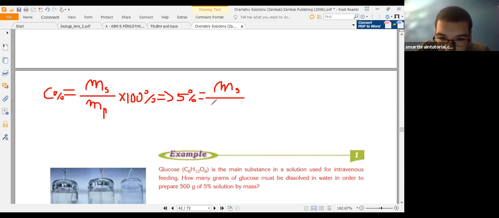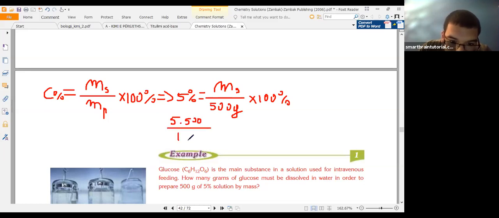The mass of solution is 500 grams. So 5 times 500 over 100 will be the mass of solute. 5 times 500 is 2,500 over 100, it will be 25.